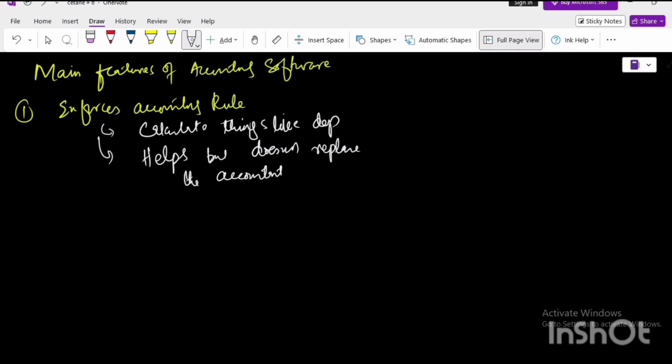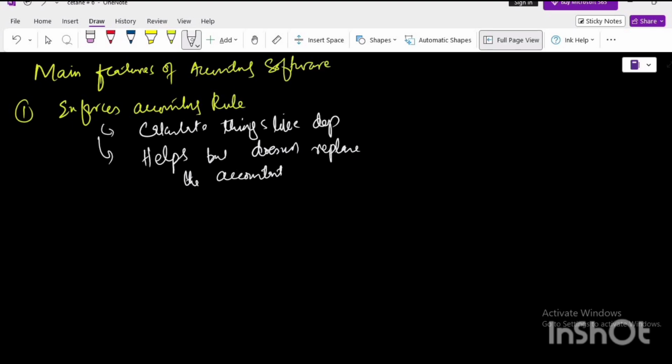You understand what actually I'm trying to say is that the computerized accounting system helps organizations follow proper accounting rules. And we have taken the example of calculating things like depreciation. By this it means that the system can automatically calculate how much a fixed asset like a machine or other plant loses value over time, and that we call depreciation.